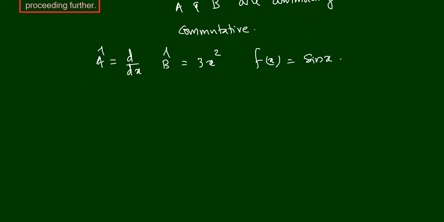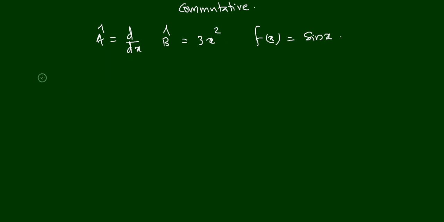So let's check A cap B cap f of x. A cap is d by dx and B cap is 3x square, and f of x is sin x. What is the first operation?